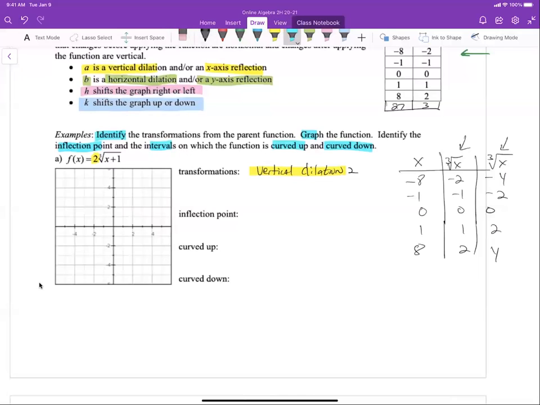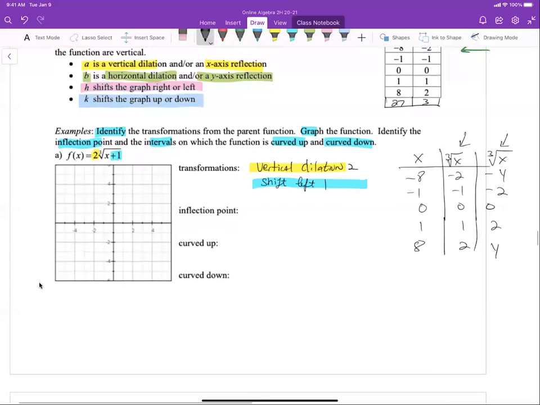What else do we have here? We see we have a +1 under the radical. That is horizontal, so we are going to shift left 1, okay? So that is all we have, no reflections. All right, so now we got to graph it. So the original special spot was at 0, 0, but now I have to shift over 1. So I'm going to move it to -1.